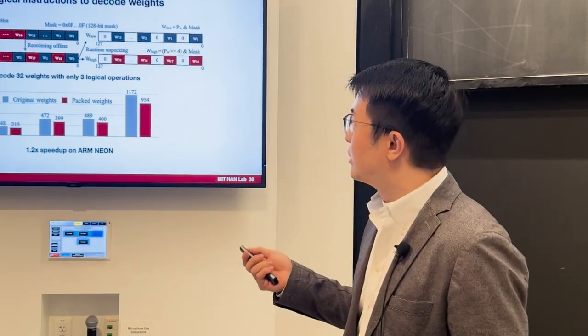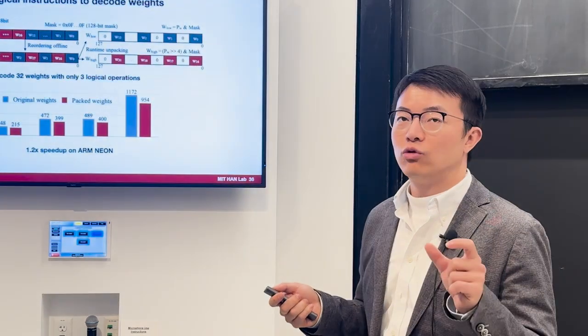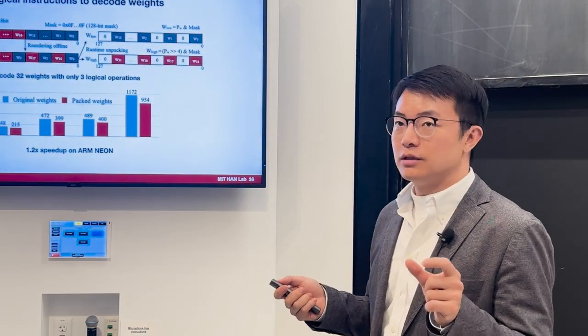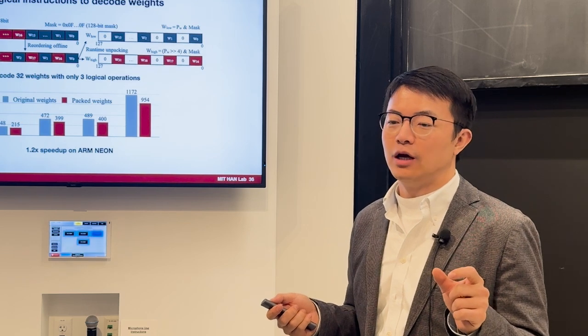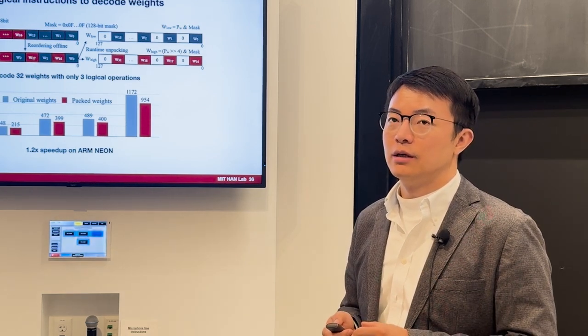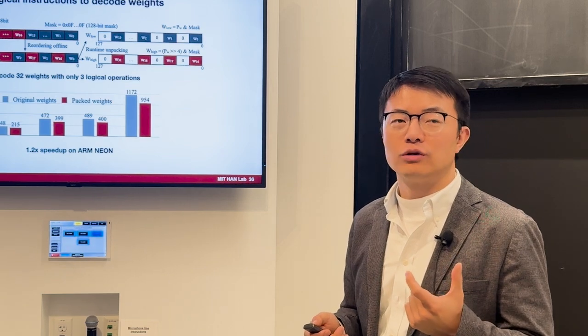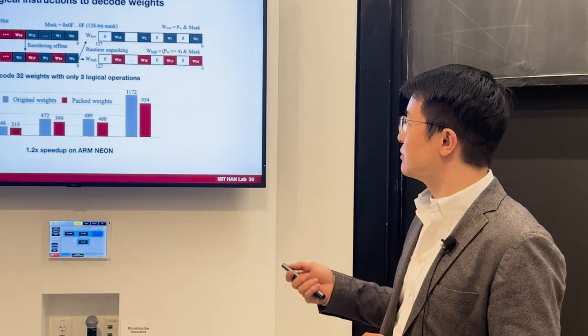Okay, this is the weight register. Each register has to store 8 bits, but each weight is only 4 bits, which means for each byte we are going to store 2 weights. And we want to decode the weights such that we can exploit register-level parallelism.